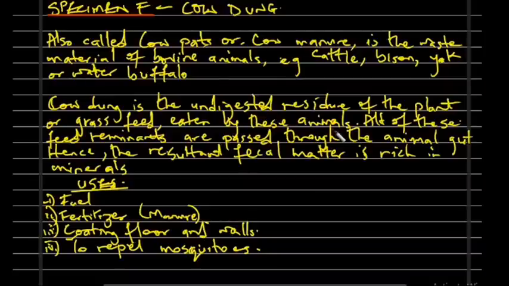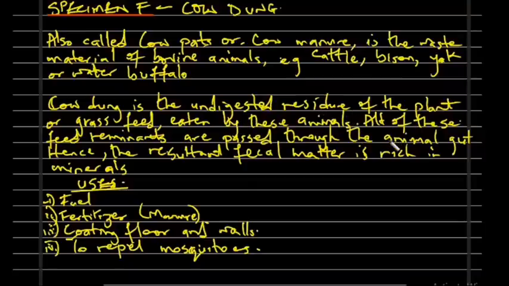How did we come about this cow dung, and why do we say that it is useful in carrying out fertilization of the field for the plants? It is because it is produced from the undigested residue of plants or grass feeds that the animals are fed upon, which are not properly digested in their gut, and is released as the cow dung.